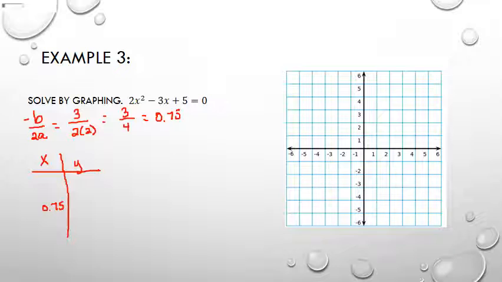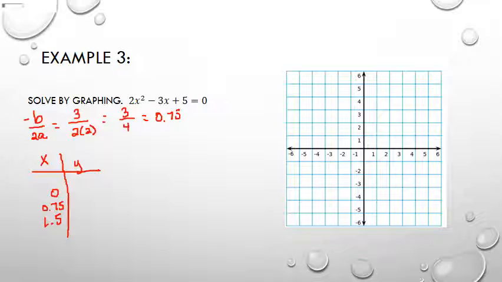Okay, so now what I'm going to do is go up 0.75, and that's going to give me 1.5, and then go down 0.75, and that gives me 0. And then let's see, what else could we do?